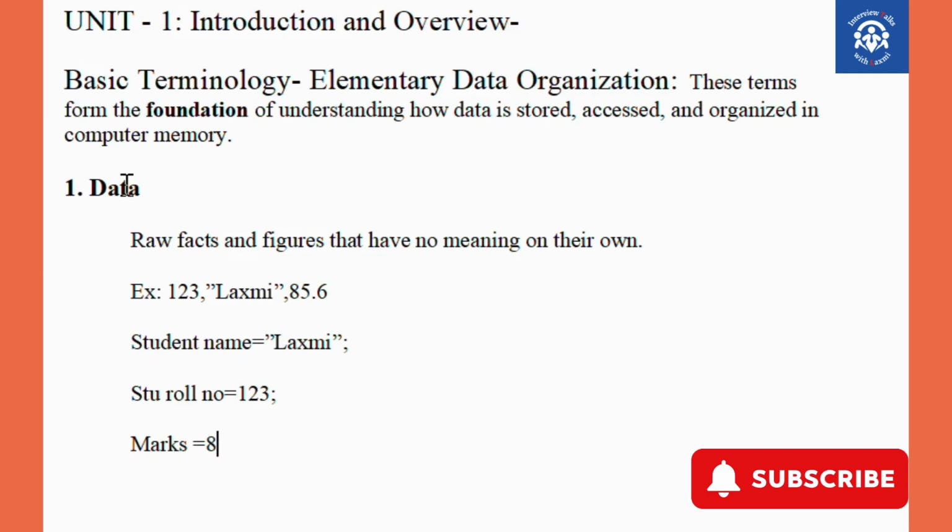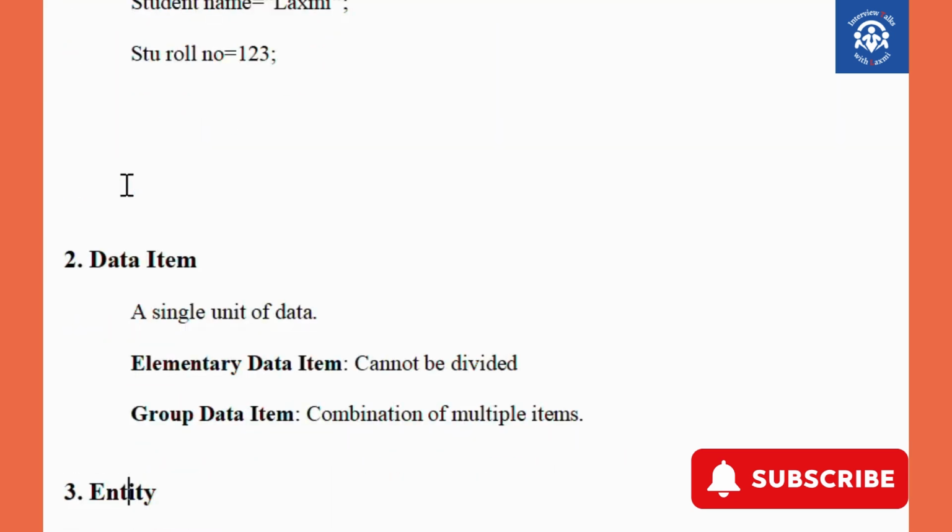Now, move on to the next concept, that is called data item. Data item means a single unit of data. A single unit of data means that data couldn't be divided, whereas a group will be a combination of multiple items.